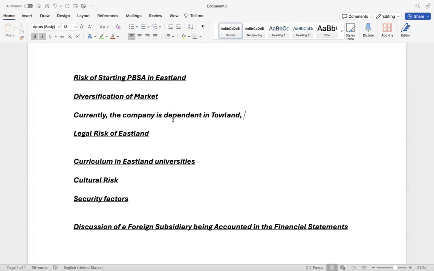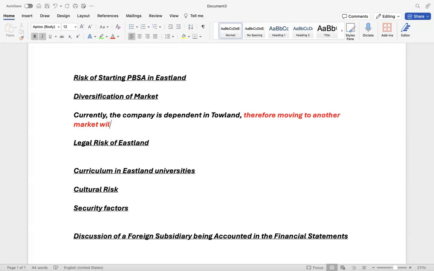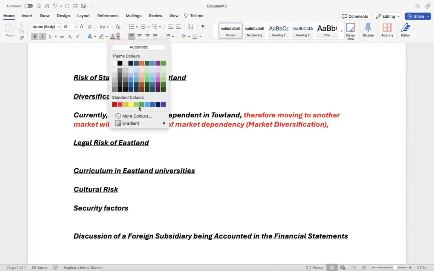So I'll just apply this. Therefore, moving to another market will reduce the risk of market dependency. That means, in simple language, this is market diversification. Students, I believe that is clear. So that is the application.